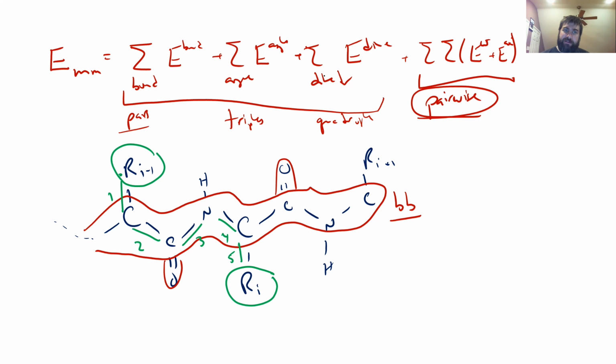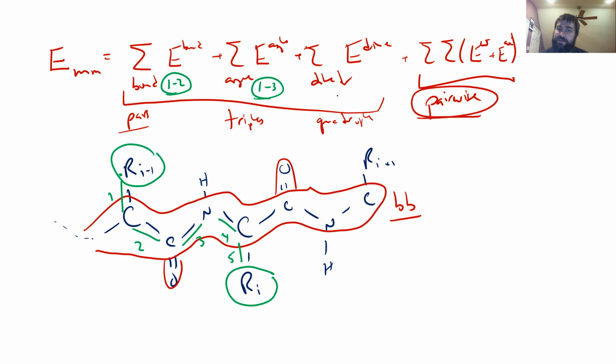Why does this matter? Well, these bond terms are interactions between atoms that are connected by one bond. They're so-called 1-2 interactions. Angle terms are interactions between atoms that are connected by 2 bonds, 1-3 interactions.